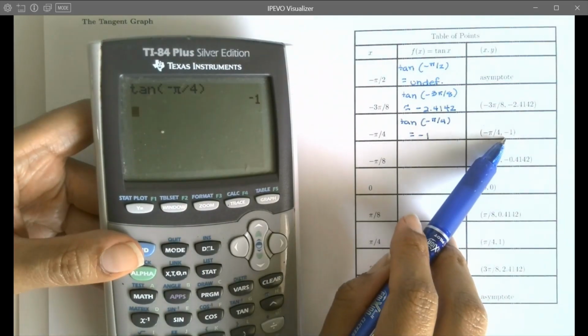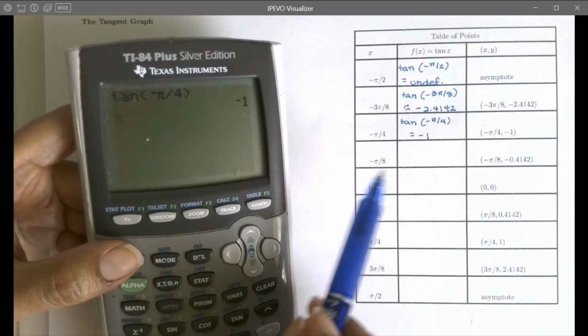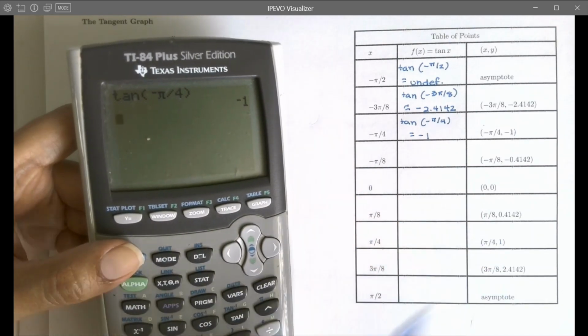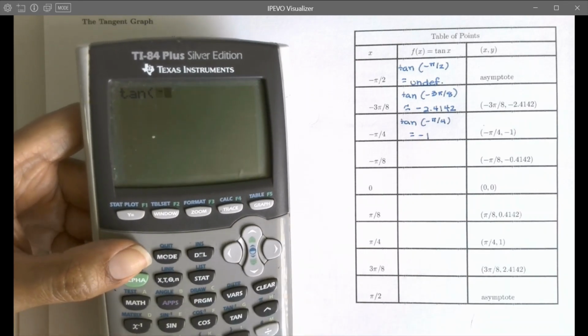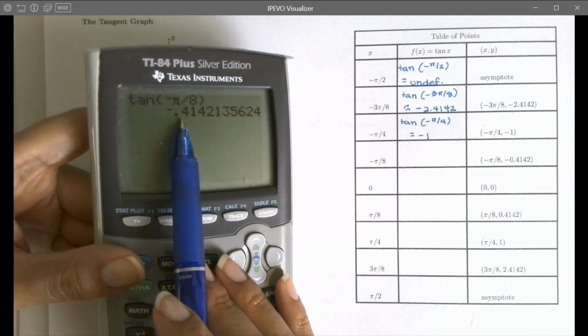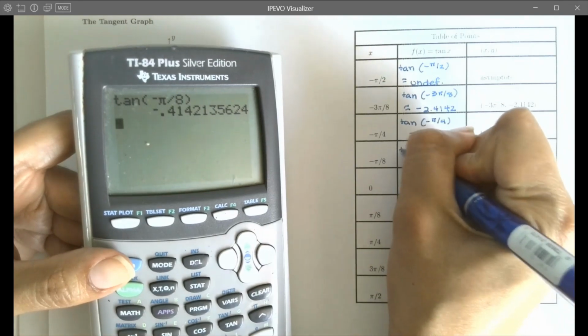So that agrees with the y value there. We'll do a couple more. We'll take care of these two, and then for the rest of them, we'll trust that these y values are correct. Tangent of negative pi over 8 gives us approximately negative 0.4142, which is that y value given.